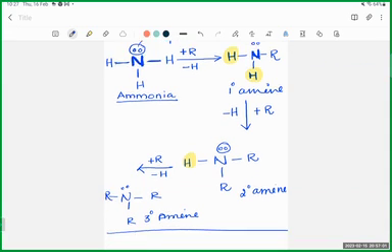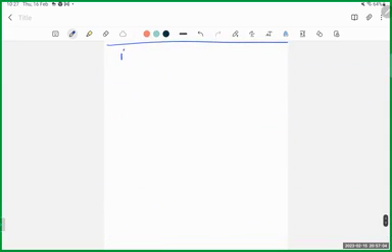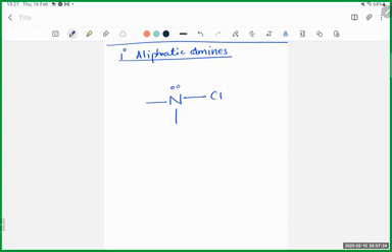Yes, ma'am. Okay, let's see an example. 1 degree aliphatic amine. This is an example. We call it methylamine. In IUPAC, what will be the rule?